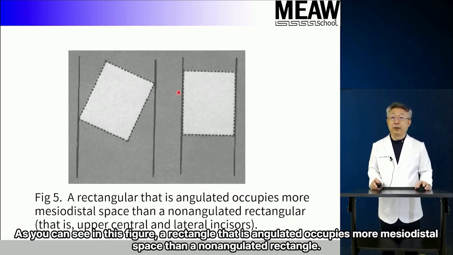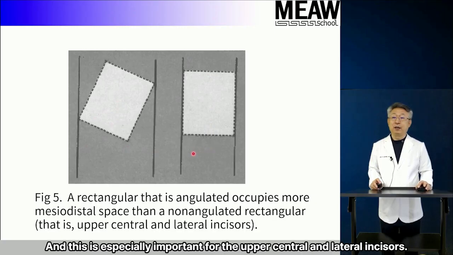As you can see in this figure, a rectangle that is angulated occupies more mesiodistal space than a non-angulated rectangle. And this is especially important for the upper central and lateral incisors.